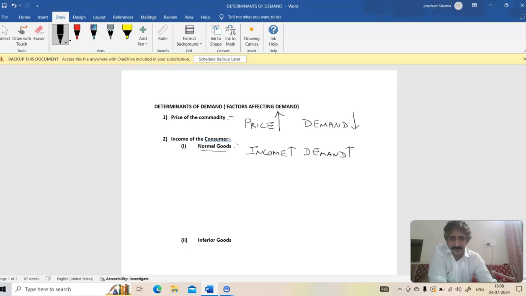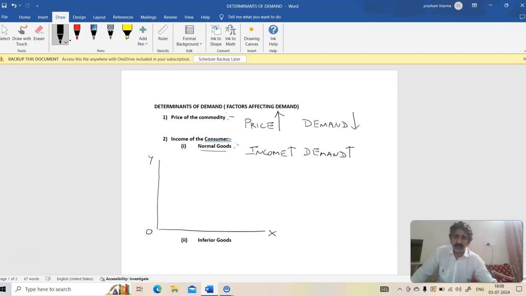In this case, how we show it on a graph, I can show you here. Let's say here's your y-axis, here's your x-axis.